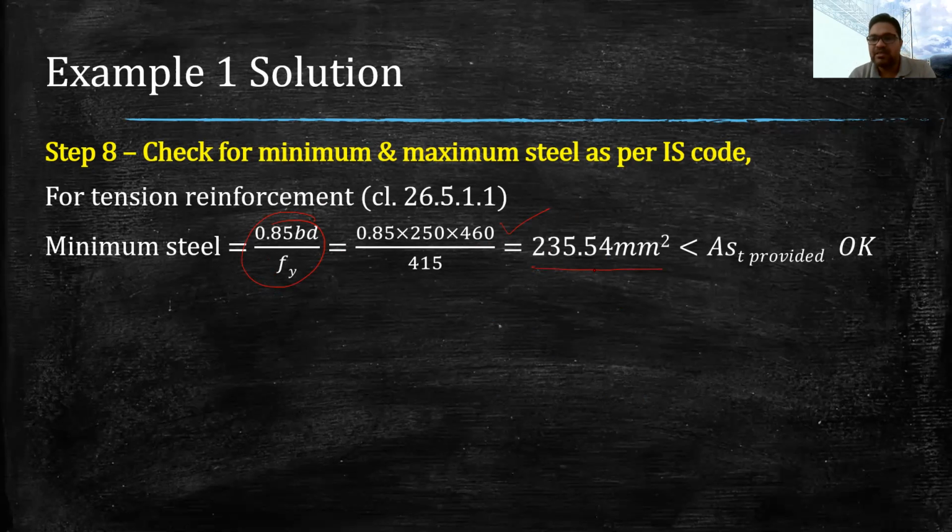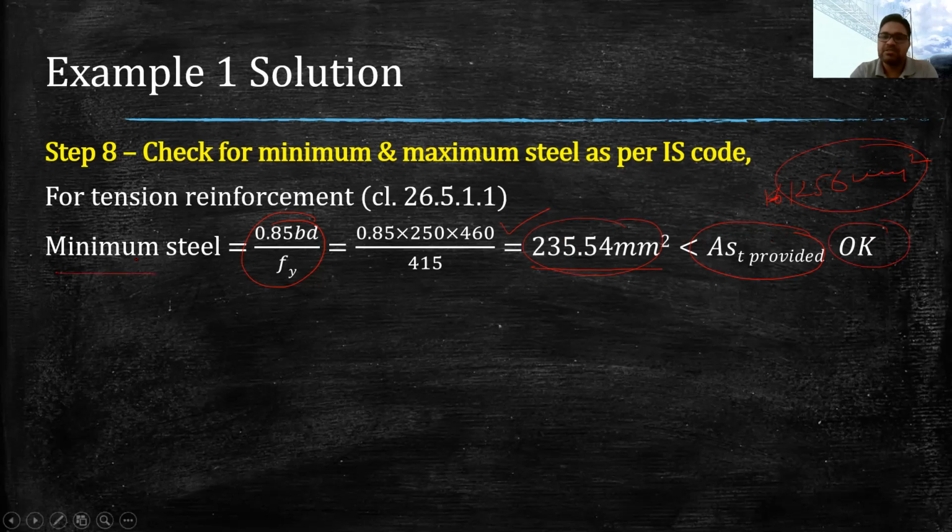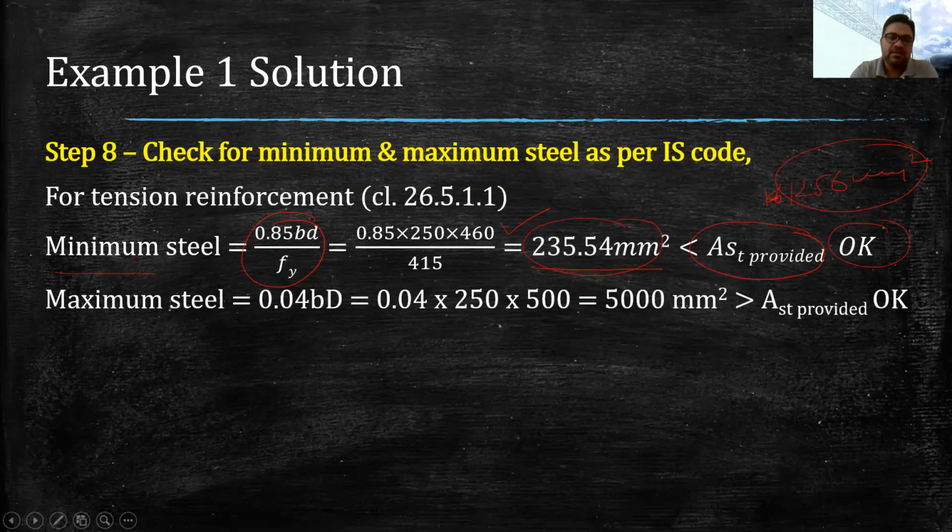So the area of steel that we have provided in the tension side is 1256 mm square. You can see this area is clearly more than this value. So the area of steel is okay when we talk about the minimum steel. Similarly, maximum steel as per IS code is 0.04 times BD.